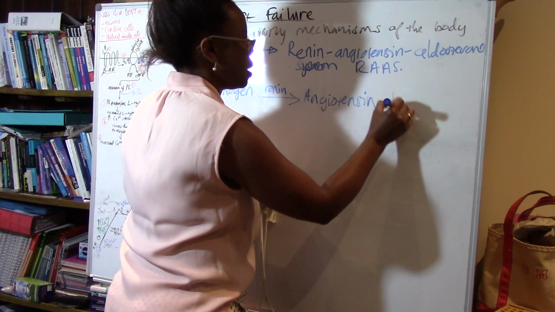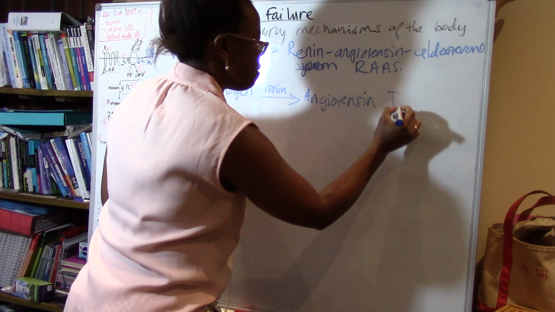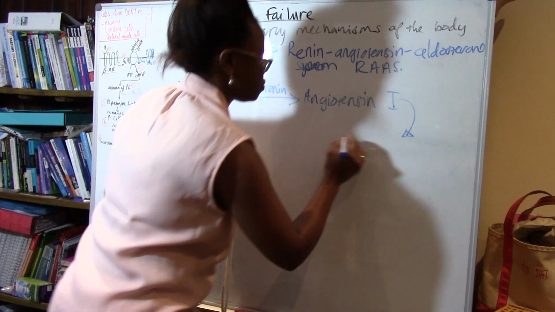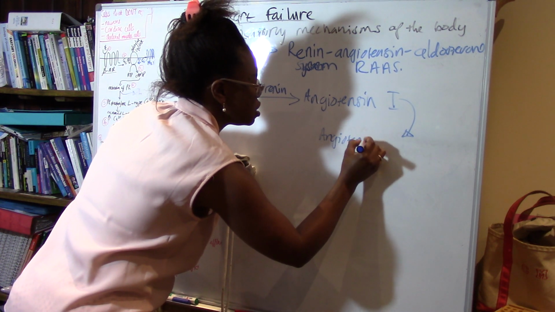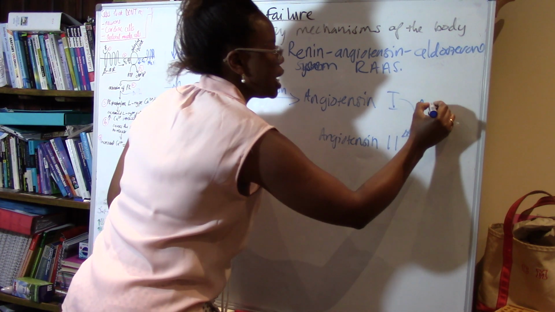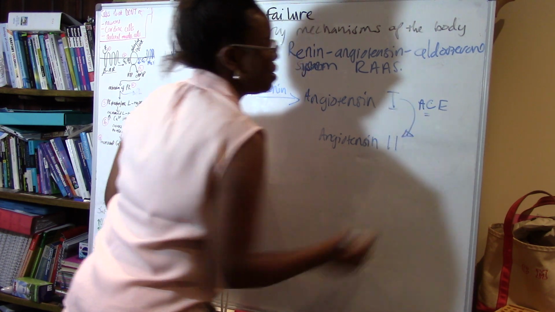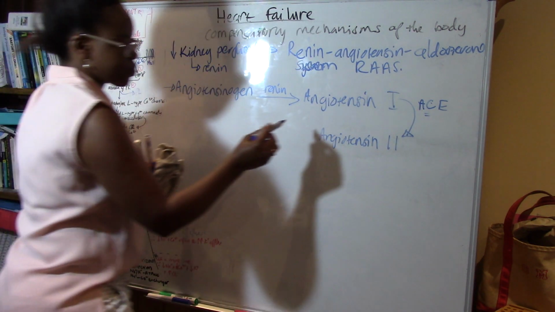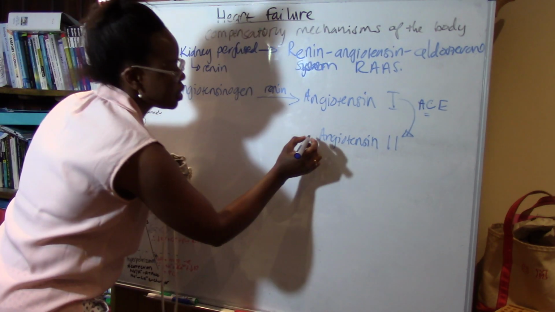So renin will come in and activate angiotensinogen into angiotensin 1. Angiotensin 1 is then converted into angiotensin 2 by the angiotensin converting enzyme, which we naturally call ACE. Angiotensin 2 does two things.